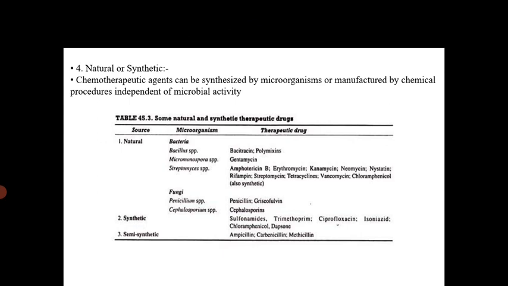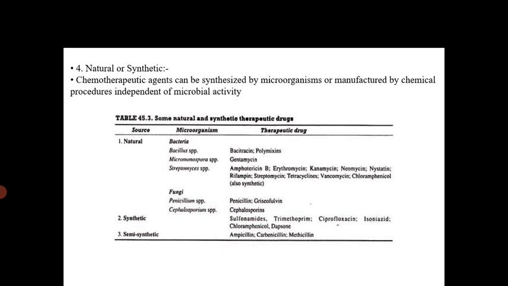Now many antiviral and antiprotozoan drugs, they are synthetic. An increasing number of antibiotics are semi-synthetic. What is semi-synthetic? They are natural antibiotics that have been chemically modified by the addition of extra chemical groups to make them less susceptible to inactivation by pathogens.